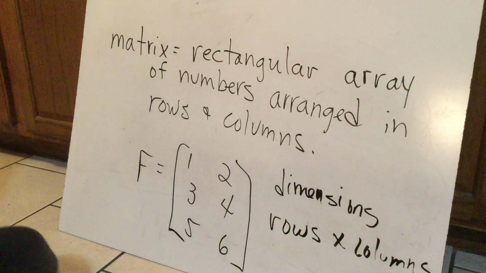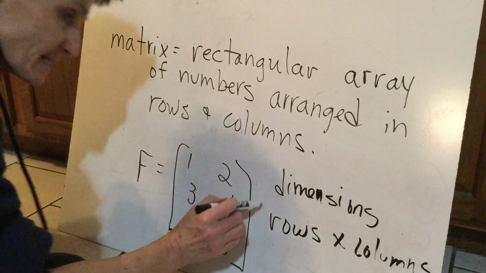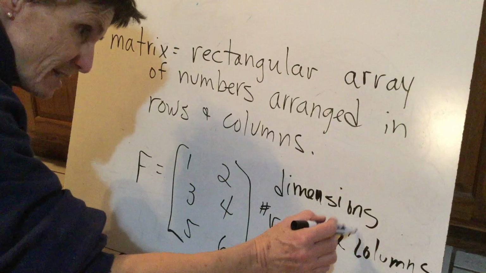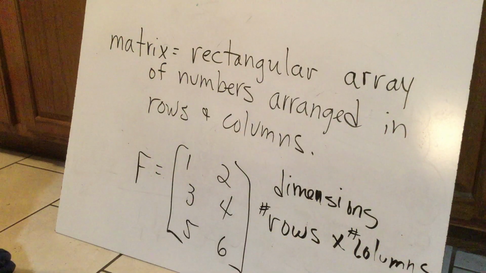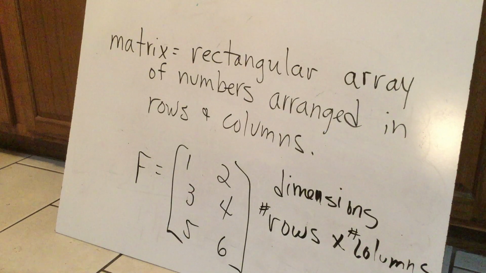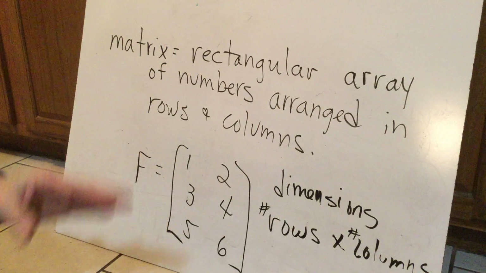Now, when I say this, I mean it's the number of rows by the number of columns, and that looks like a times sign, but just like when you measure the dimensions of a room, you say it's 20 by 30, that's a by. We say that by by. So rows by columns.